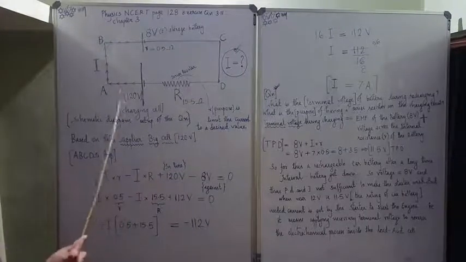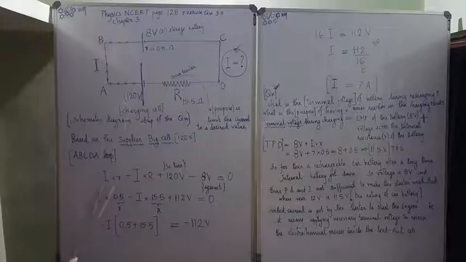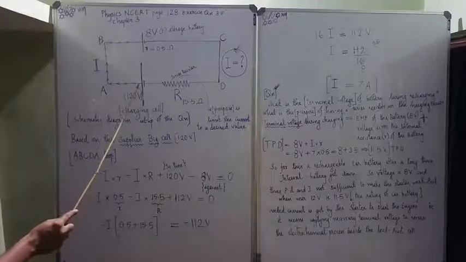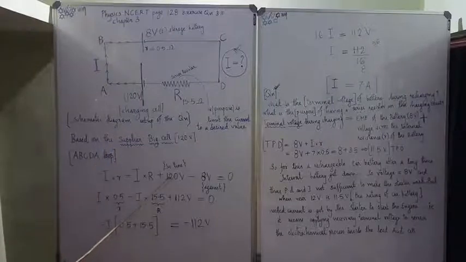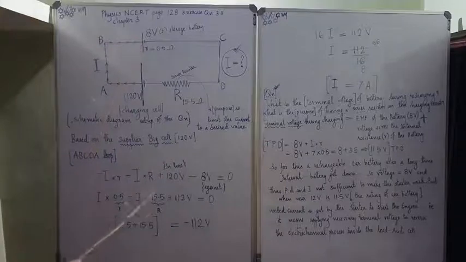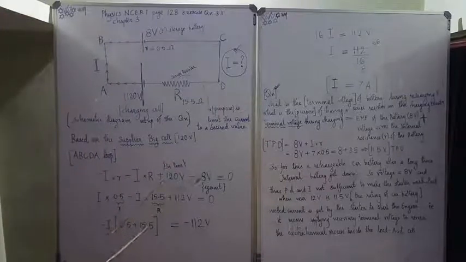Based on this big cell, I am taking the loop A, B, C, D, A. First, based on this battery, it is given positive 120. Positive is facing another positive, so it should be given a negative sign. So in line, plus 120, against it minus 8 volt.